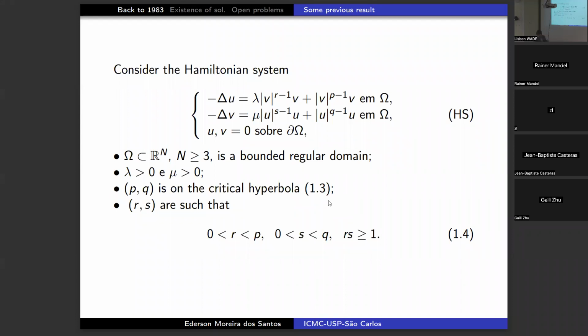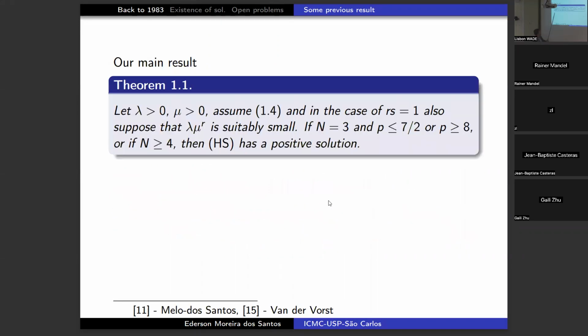When I say that lambda times mu to the power r is small, this is very linked to a recent work with Hugo Tavares and Delia and Gabriele, where, when lambda times mu to the power r is a constant, this is the so-called critical first eigenvalue curve.